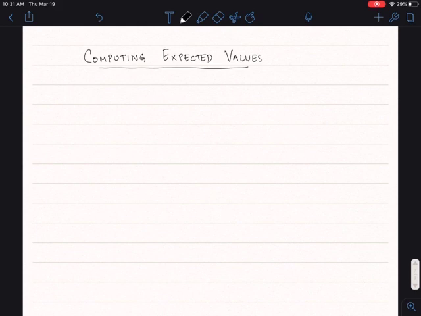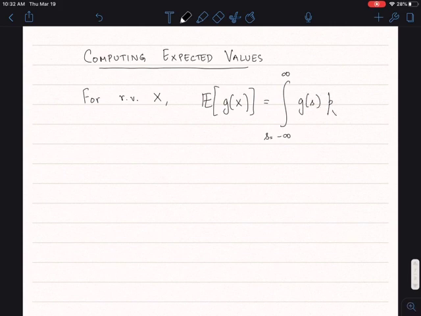If you remember, for continuous random variables x, or even discrete random variables, but it doesn't matter, the expected value of a function of this random variable turned out to have a very clean expression: the integral from minus infinity to infinity, let's call the variable s, of g of s times p_x of s ds, where this is the probability density function of x.